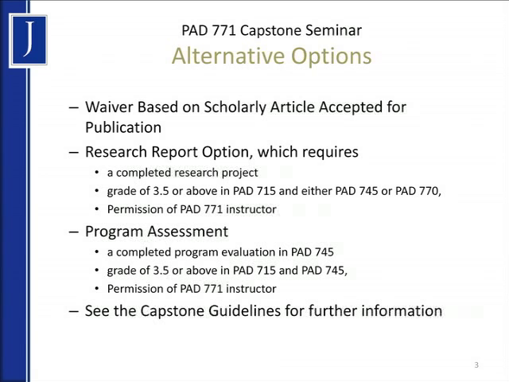To undertake a program assessment project, students must have attained a grade of 3.5 or above in both PAD 715 and PAD 745, and must have substantially completed the program evaluation, which will be the basis for the Capstone Project Memorandum. Permission to undertake a program assessment project must be obtained from the PAD 771 instructor not later than week 3. See the Capstone Guidelines for further information.